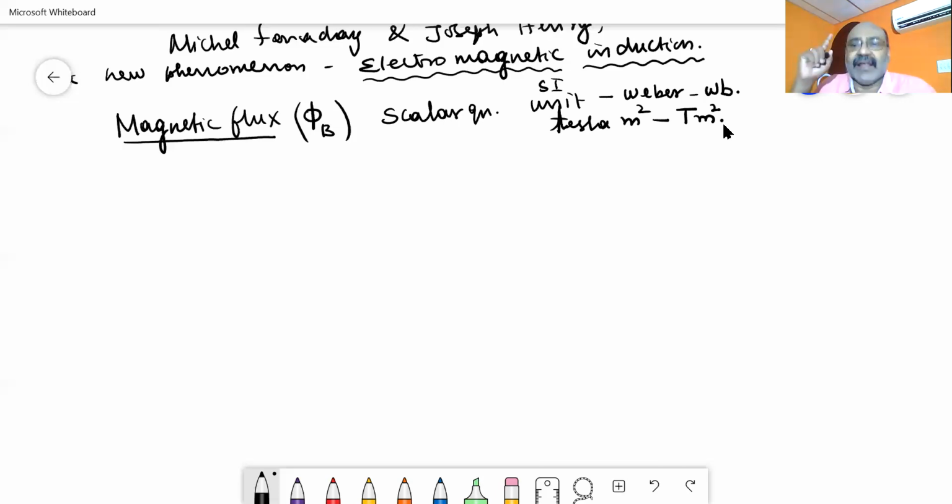See, when you are studying electrical flux, you might have stated that electrical flux is due to the total number of electrical lines of force passing normally or perpendicularly through the given area of electrical field. Here, instead of electrical lines, we have to consider magnetic lines. Instead of electrical field, we have to consider magnetic field. That's all. In both cases, it is total numbers.